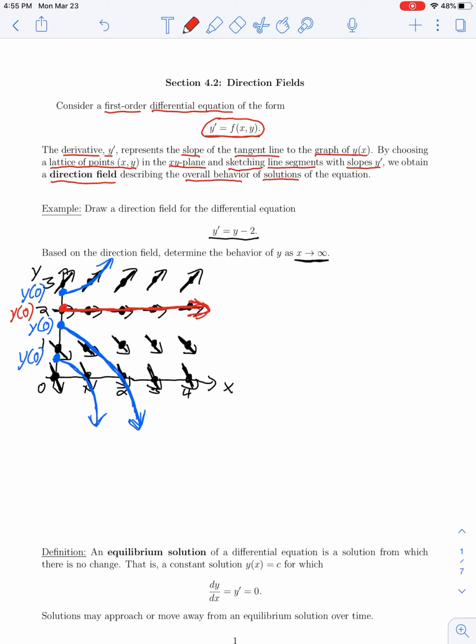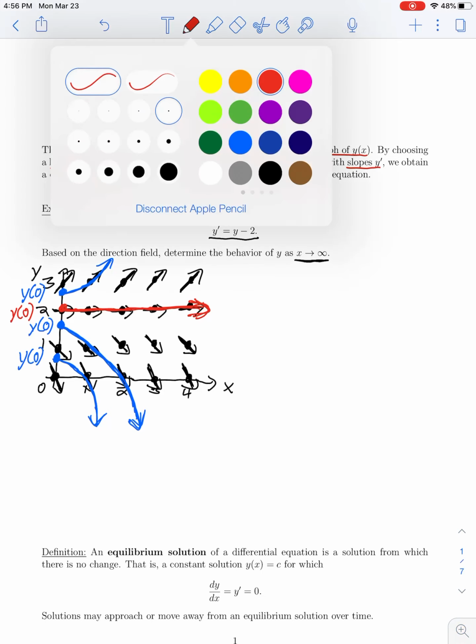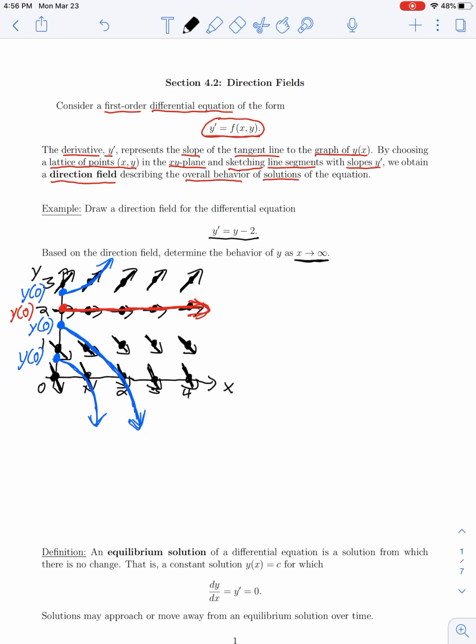So what we see here is the limiting behavior of our solution y will depend on my initial condition. What was y of 0? And we see that there's a split that occurs at y of 0 equals 2. So let's see if we can answer the second part of this question, where we're asked to determine the behavior of y as x becomes large.